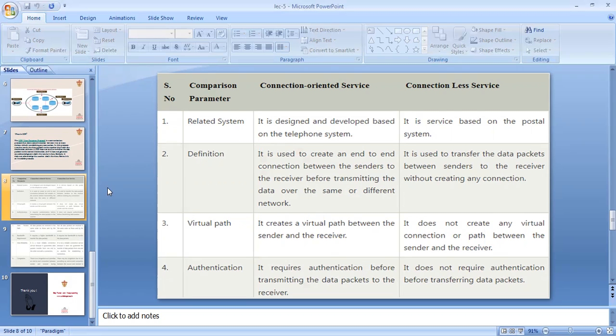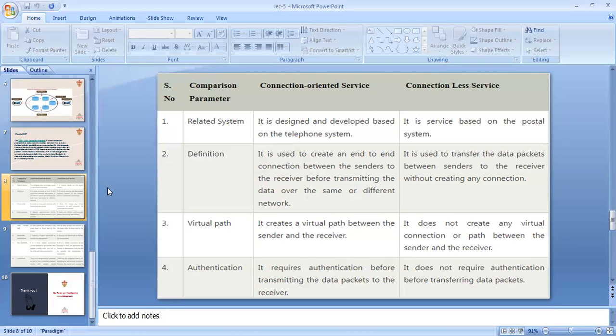And after the conversation, the receiver acknowledges the sender. But in the postal system, it is just broadcasting the messages. That means when a sender wants to send data to the receiver, it directly sends the data to the receiver without any creation of connections.